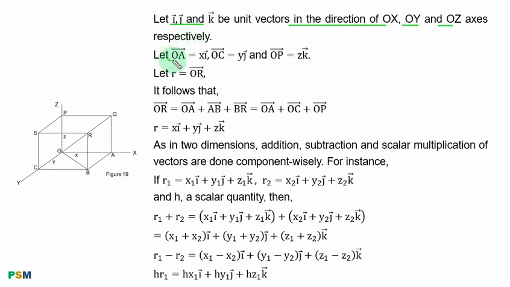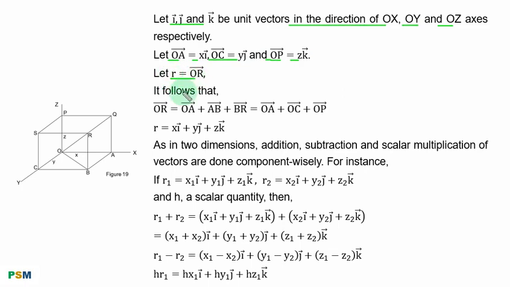Let vector OA be equal to x vector i, vector OC equal to y vector j, and vector OP equal to z vector k. Let r be equal to vector OR.